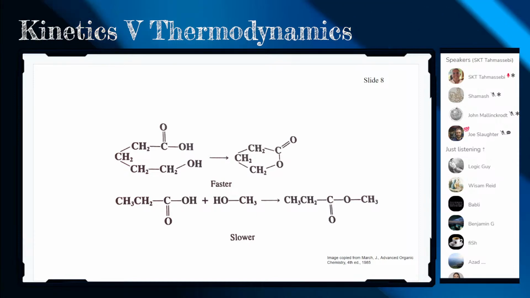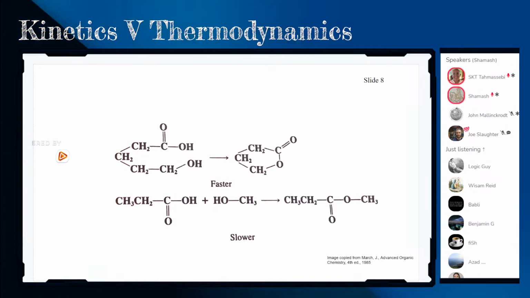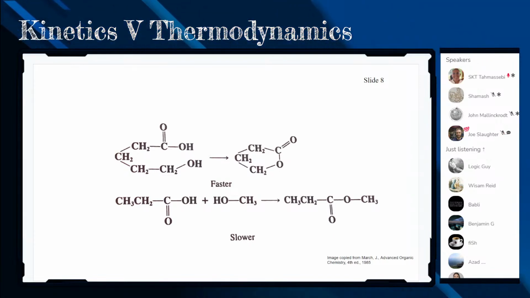If you look at the reactions at constant temperature, both of them are run at the same temperature. You'll see that the top one goes a lot faster than the bottom one, because the top one is a lot more entropically favorable than the bottom. The transition state for the top.